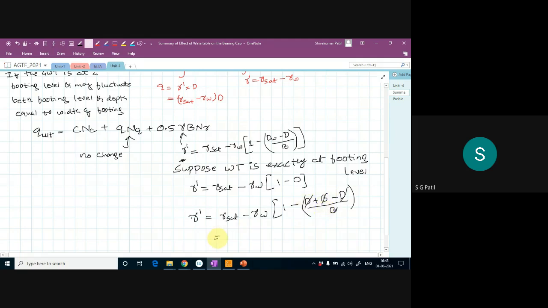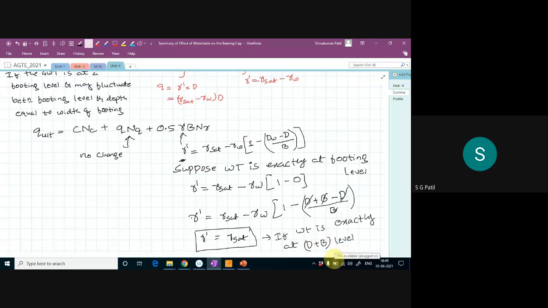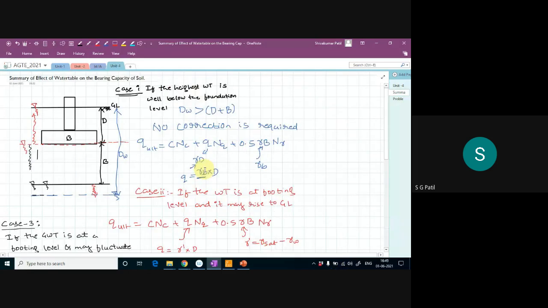That means your gamma dash is nothing but your gamma sat, if the water table is exactly at d plus b level. Understood? So this is the summary of the 3 cases.